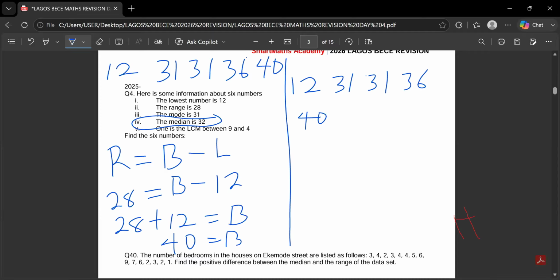The question says the median is 32. When you have 2 numbers at the middle, you add them.